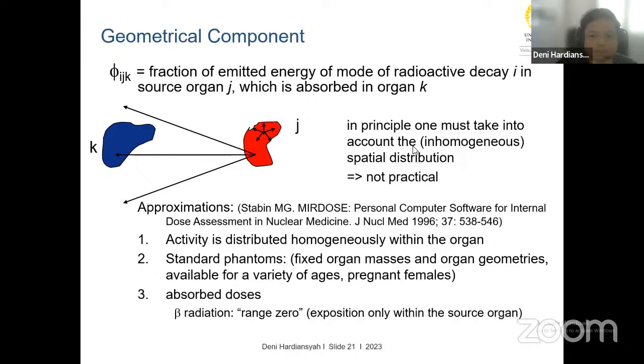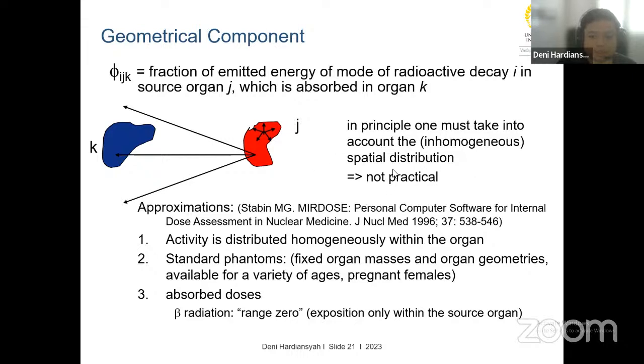So in principle, one must take into account the inhomogeneous spatial distribution. Because you know that when we have a kidney, right, this kidney will get some radioactive drugs inside. But the distribution of this radioactive substance inside the kidney would not actually be homogeneous. It should be inhomogeneous.